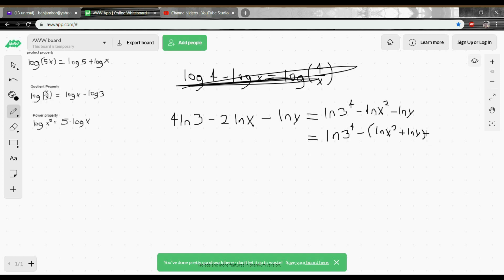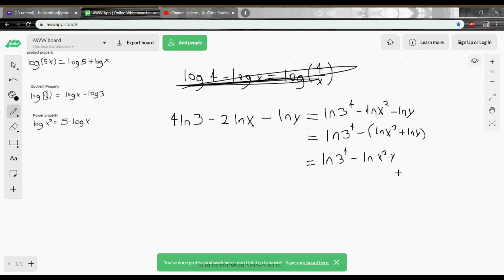Now we can use the product property to combine these two terms. So we write the natural log of 3 to the 4th minus our new natural log of x squared multiplied by y.